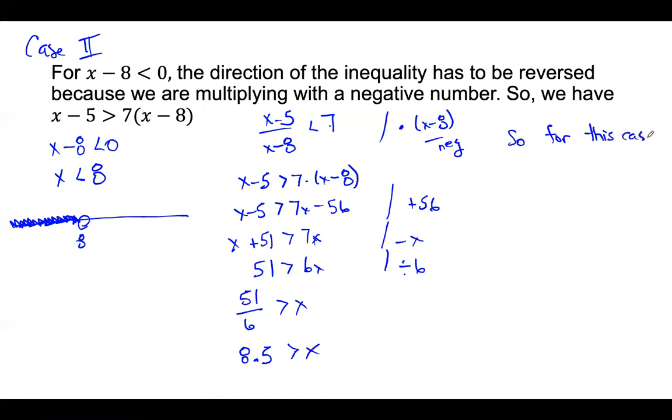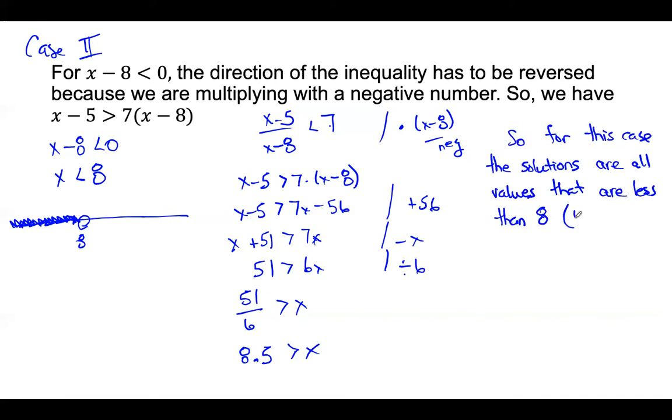So in this case, case number 2, the solutions are all values that are less than 8, because x minus 8 is less than 0, and it has to satisfy x being less than 8.5.